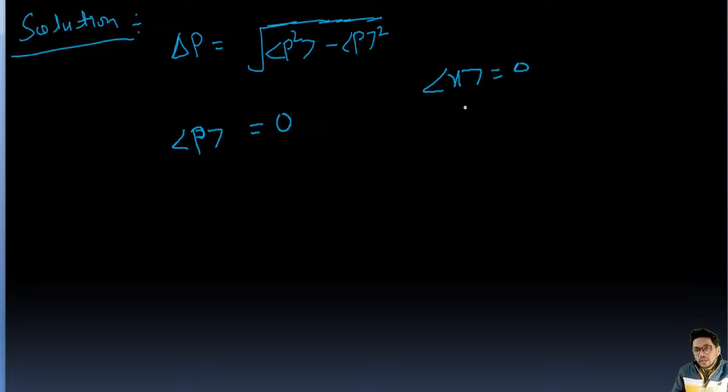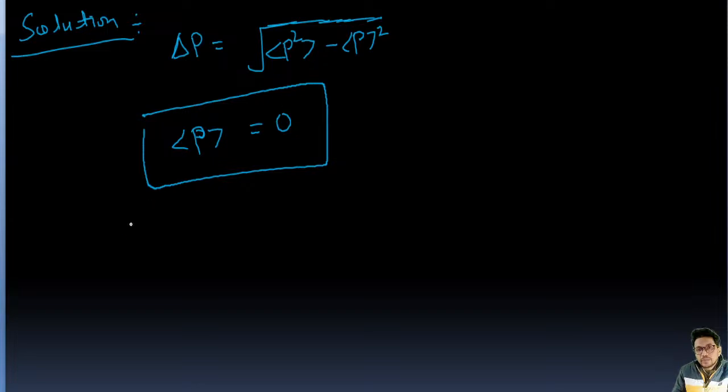Also the odd powers, x cube and x to the power 5, are 0, and similarly p cube is 0. So we don't need to find the expectation value of p, we'll just find the expectation value of p square, put it in this equation, and find delta p, the uncertainty in its momentum.